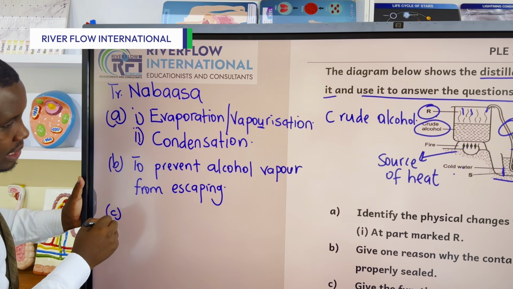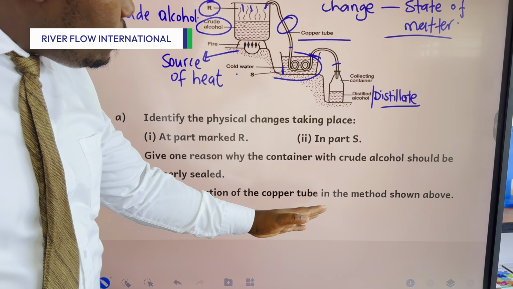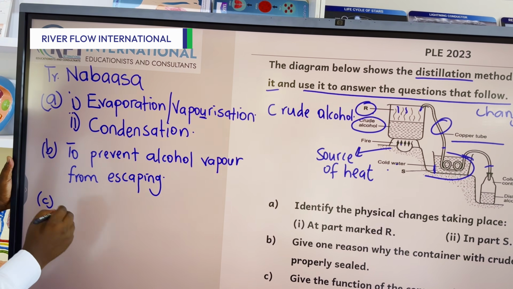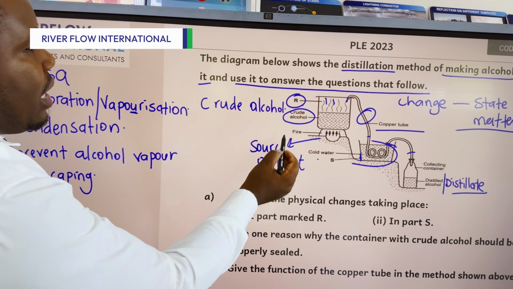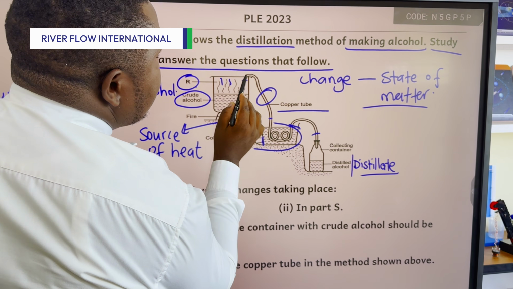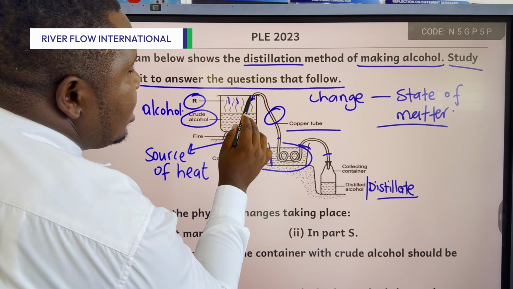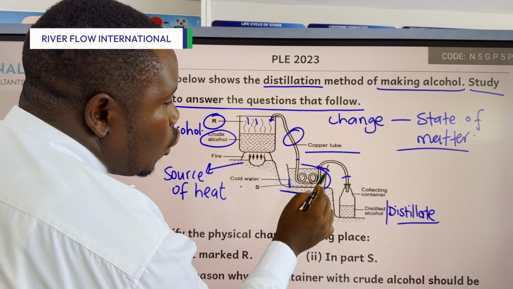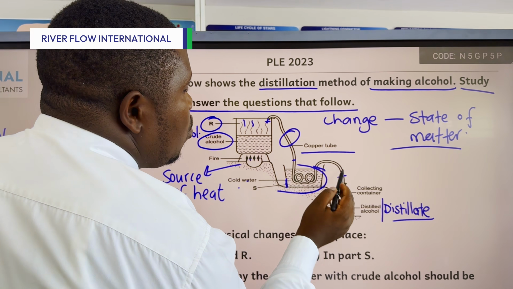And then part C, they are saying give the function of the copper tube in the method shown above. Now, it is simple. When this vapor comes here, it will enter this tube, and the tube will carry it like this. Vapor will move in this tube, come to this condensation chamber, and then it condenses, and then it will continue.